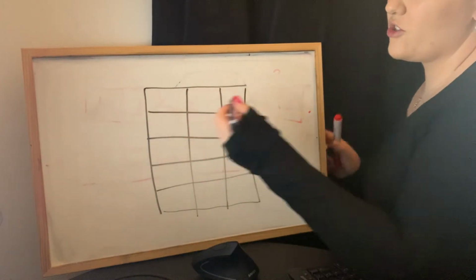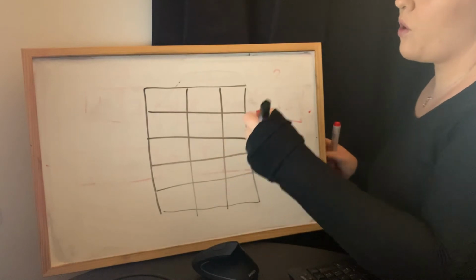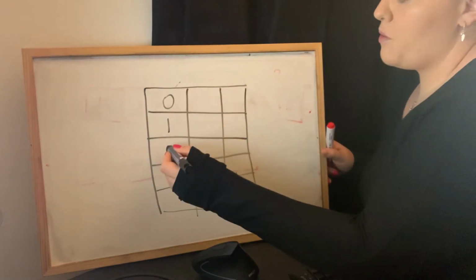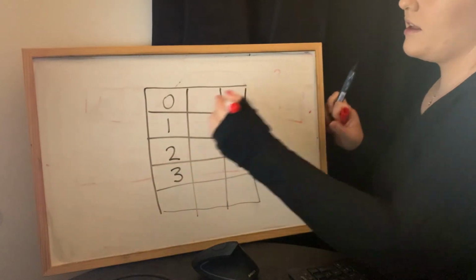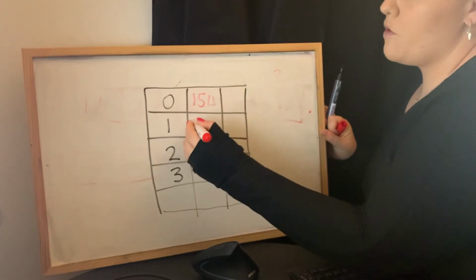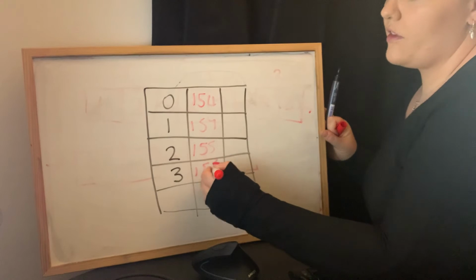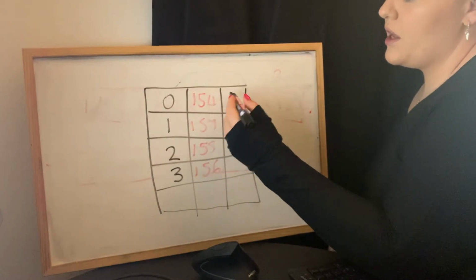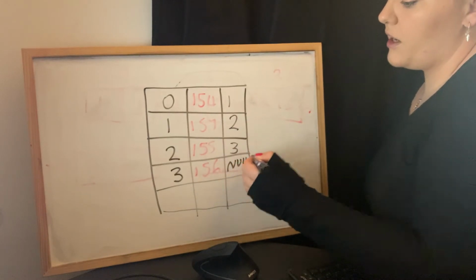I want to talk through this question because I think only 2 people actually got it right. In fact, I don't know if anyone got it 100% right. So 0, 1, 2 and 3, and the current data we had in there was 154, 157, 155 and 156, and then the pointers: this is going to point to 1, 2, 3, and I'm going to write the word null in there.